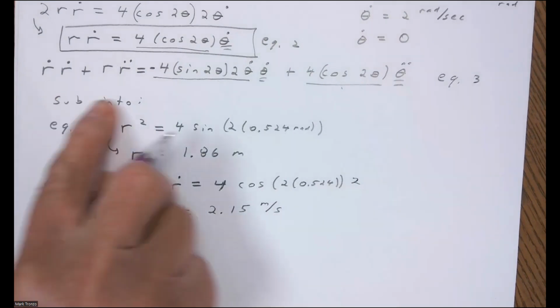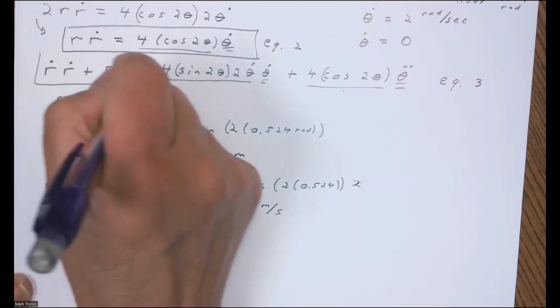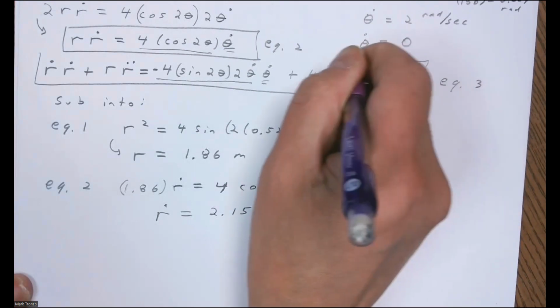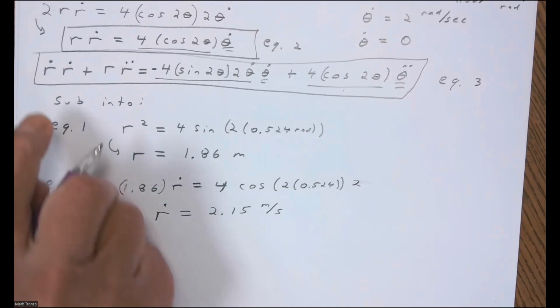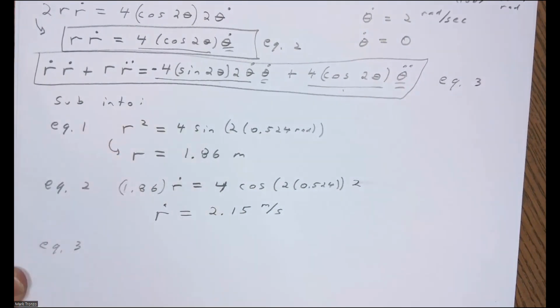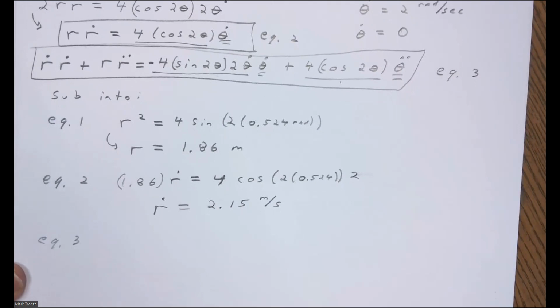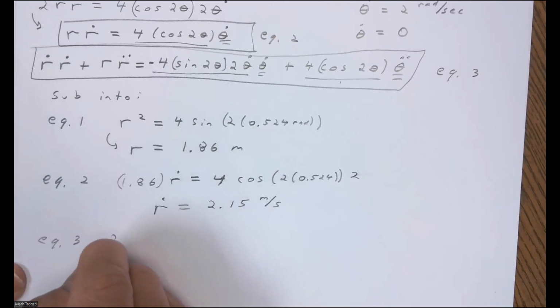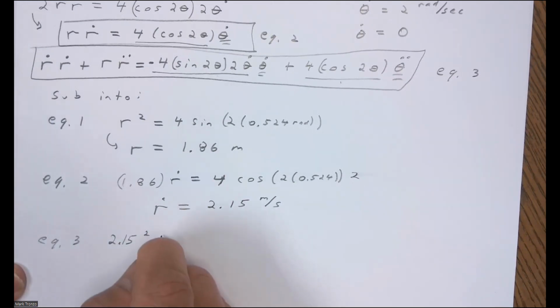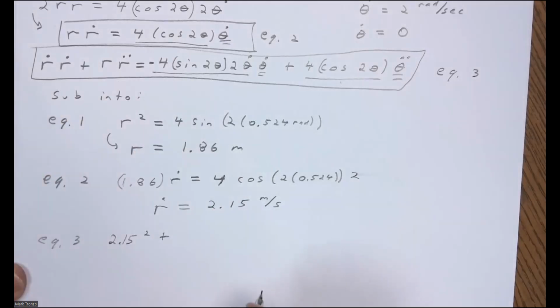Then finally using equation 3 right here. That's going to be like an r dot squared, isn't it? So then here's r dot here. So put in there and square it. Like this. Plus r times r double dot. We don't know what r double dot is yet.